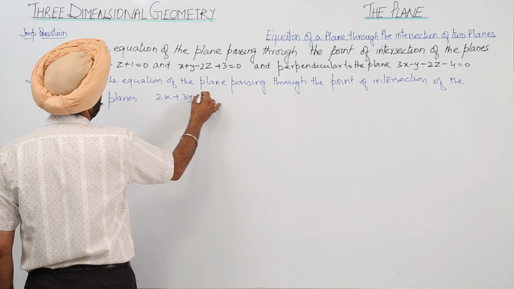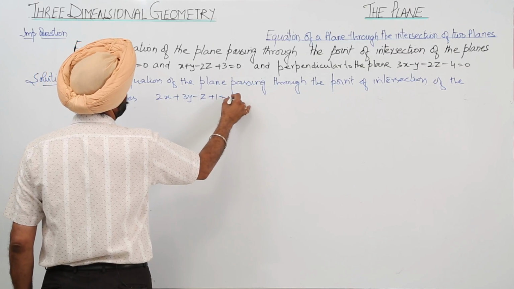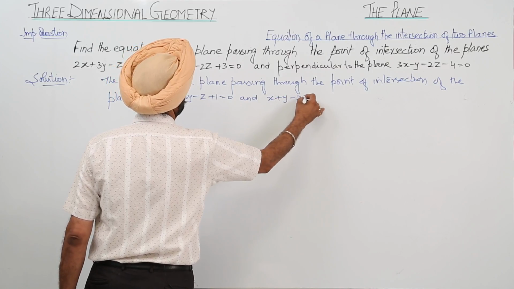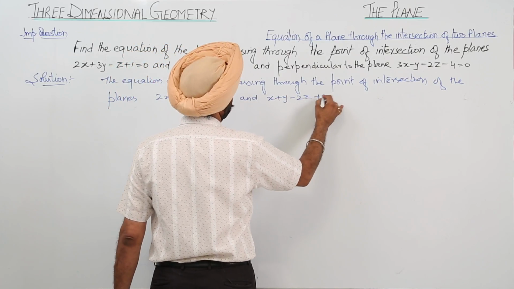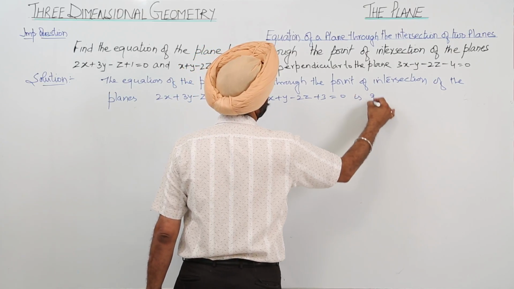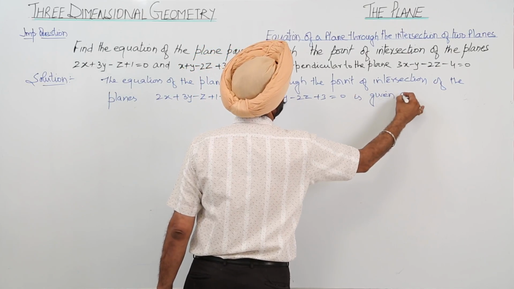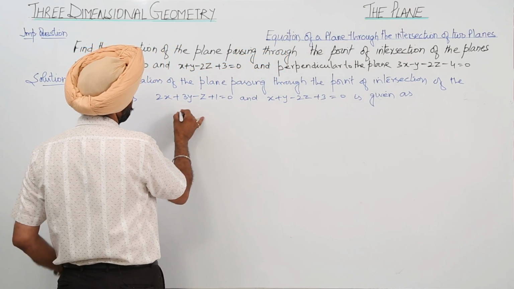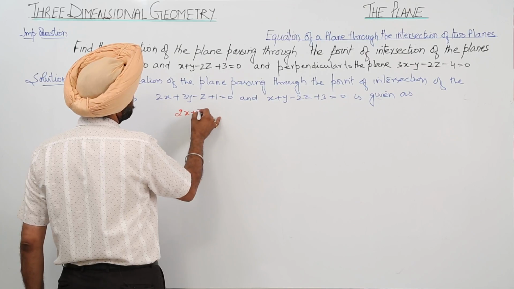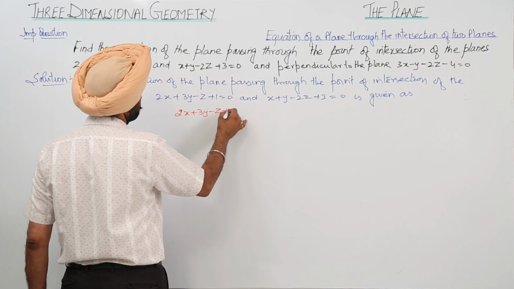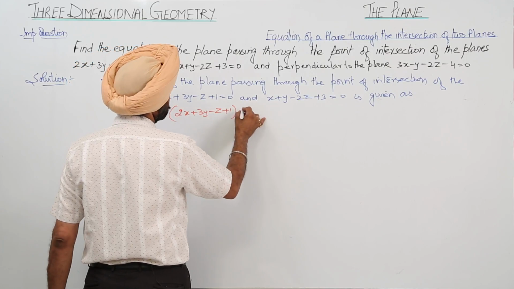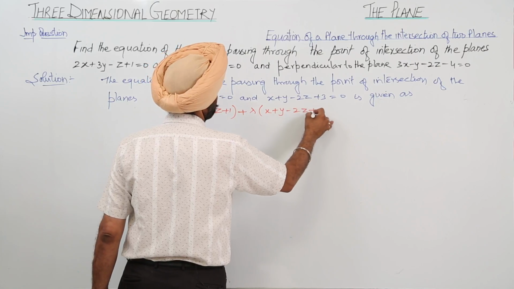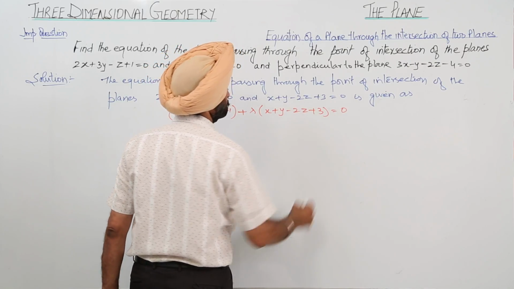2x plus 3y minus z plus 1 is equal to 0 and x plus y minus 2z plus 3 is equal to 0 is given as. Now, the equation is given as 2x plus 3y minus z plus 1 plus lambda times (x plus y minus 2z plus 3) is equal to 0.